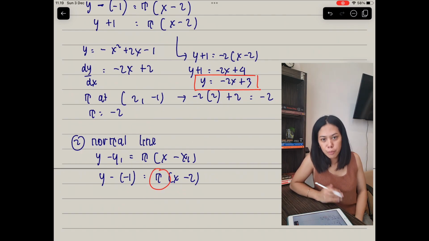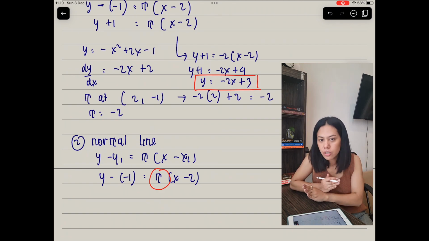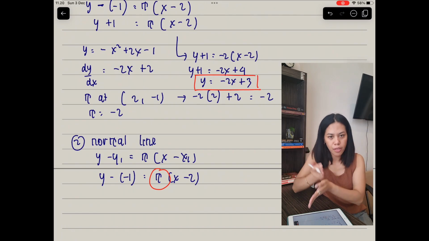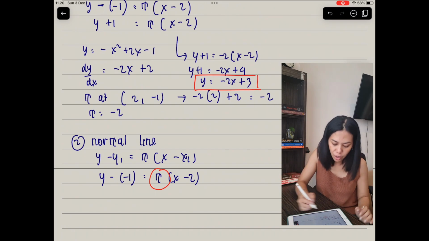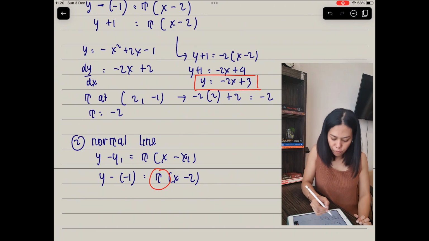Do you remember that for two lines that are perpendicular to each other, when you multiply their m values, it equals negative 1? We already have the m for the tangent line.